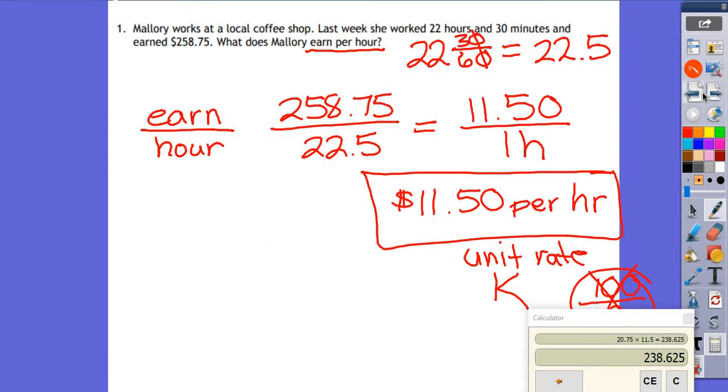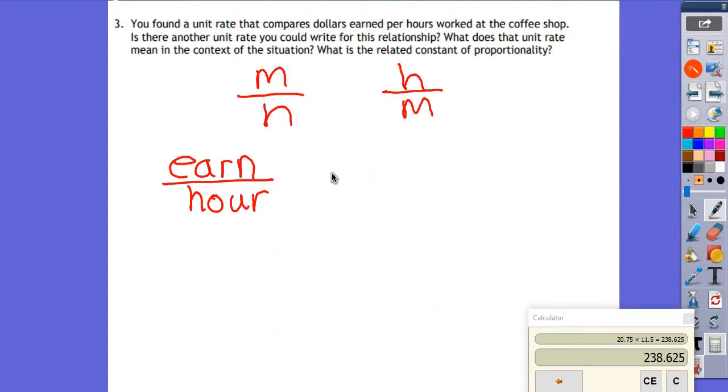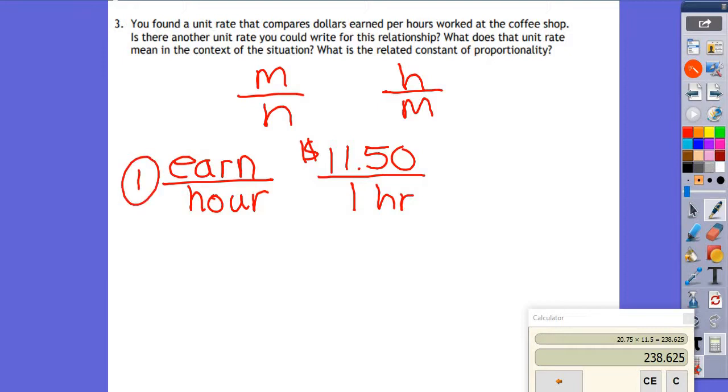Earn per hour, and we found how much did they earn in 1 hour? 11.50. In how many hours? 1 hour. So we already found that. The question says, find another one. This is one we already found.